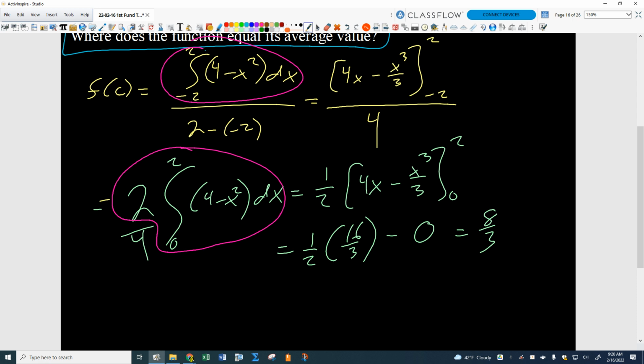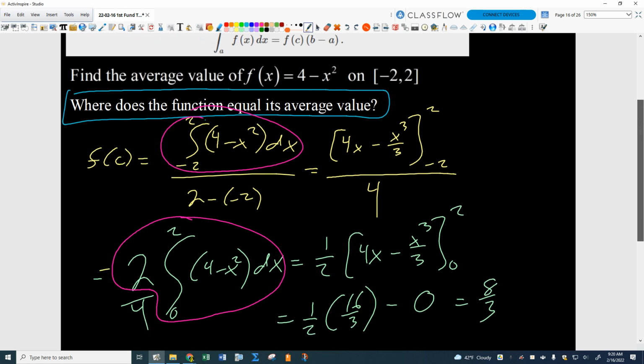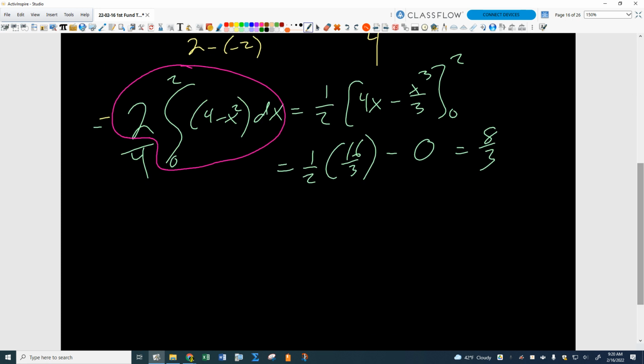Okay. So now we go back and ask for part B, where does the function have its average value? Okay, so where does 4 minus x squared equal 8/3? We'll just isolate the x squared and square root both sides.